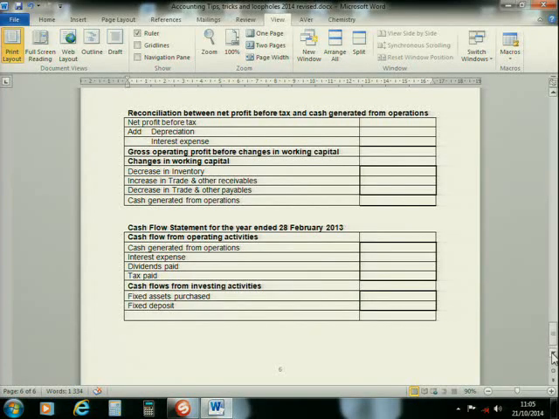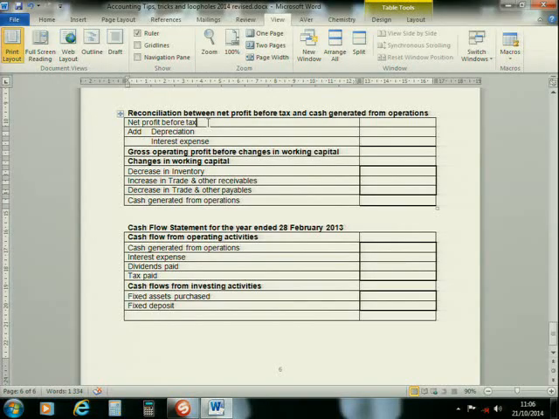Right. Doing the reconciliation, remember I said earlier on that there are three things only on top there. You must remember that: net profit before tax, depreciation, and interest expenses. No brackets. You must not think of brackets at all. You are just going to add. You take those as given and put them in. If not overtly given, you must work them out to determine them.